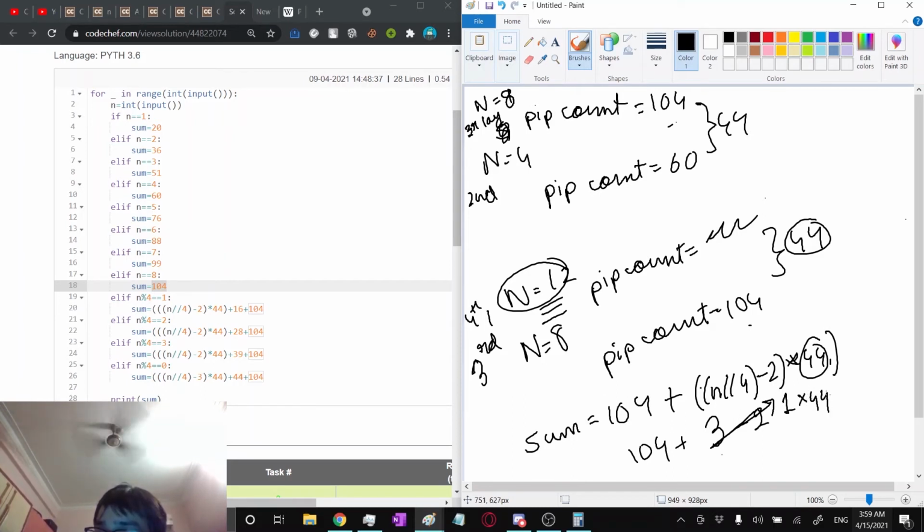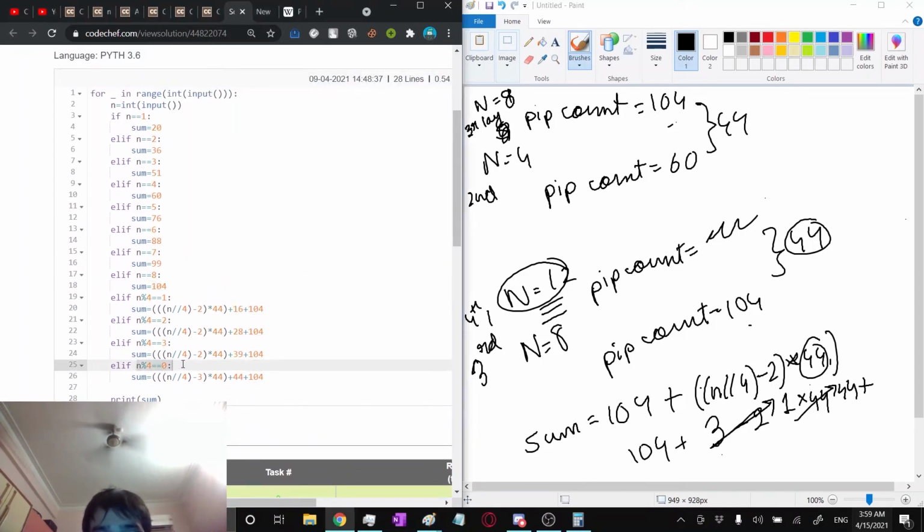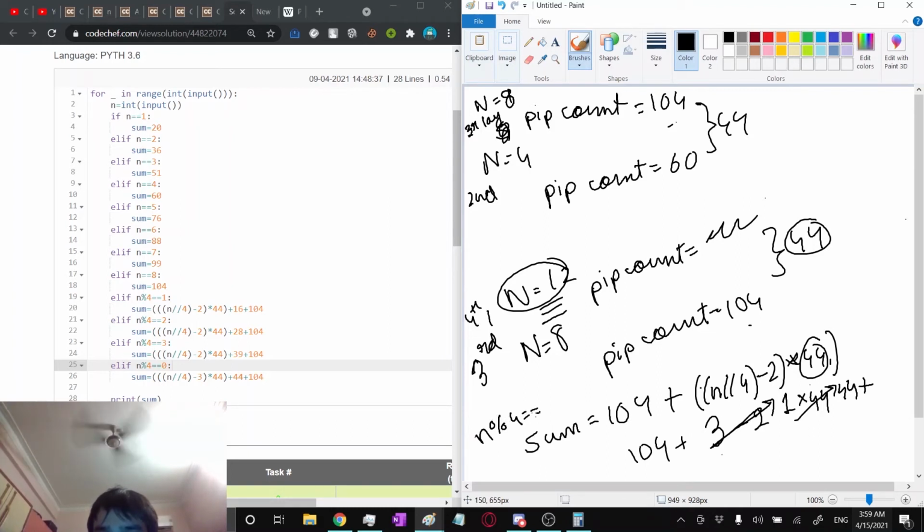times 44. So this would give us 44 only, plus 6 plus, when n divided by 4, that is 12 divided by 4, it is for the condition equal to 0, since if we divide 12 by 4, then the remainder would be 0. This is the modulus operator.